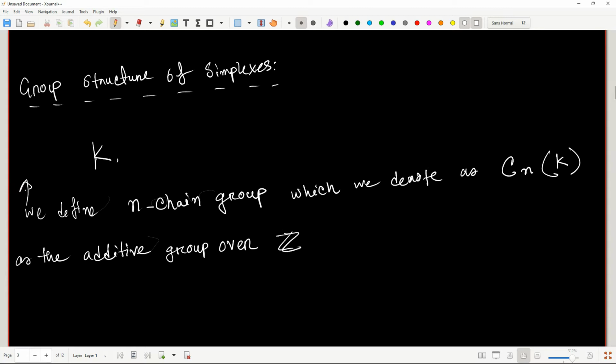So this is the definition of an n-chain group. And this is an additive group over Z, or the set of integers, with elements.